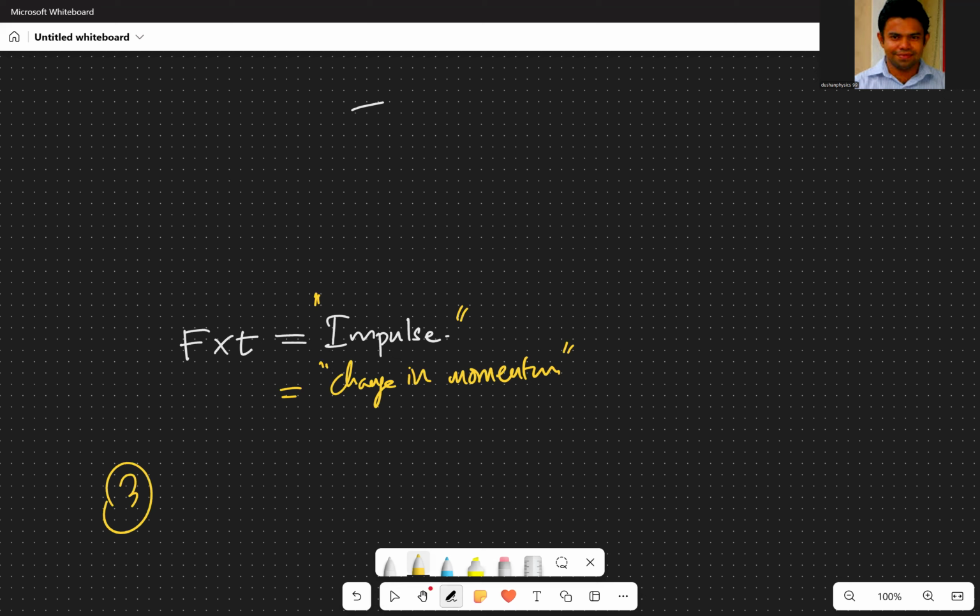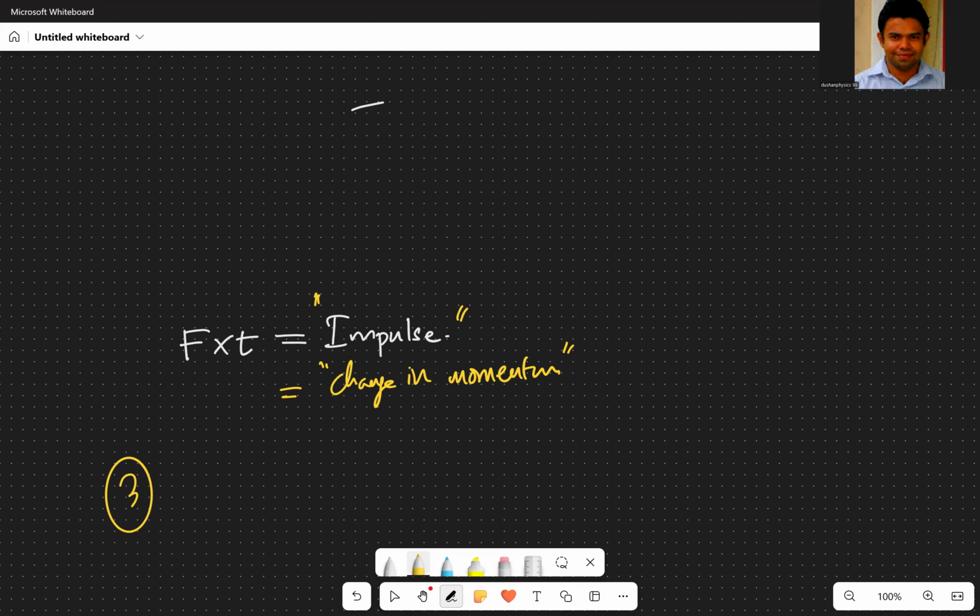Okay, third question. The graph shows the movement of a car over 50 seconds. Tell me the answer. 100 meters.